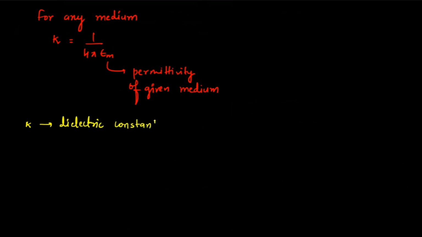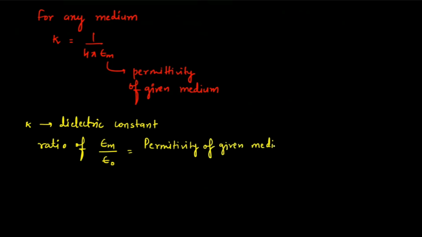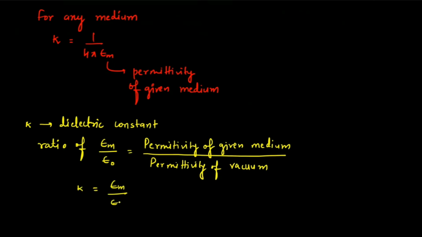It is the ratio of epsilon m to epsilon naught, that is, the ratio of permittivity of a given medium over permittivity of free space or vacuum. This is one relation you need to remember. Very few chances, but yes, it can be asked.